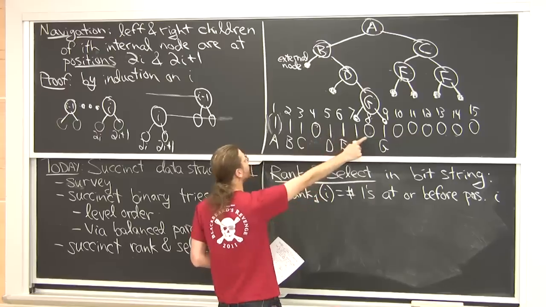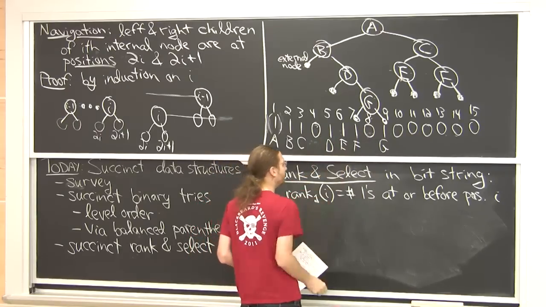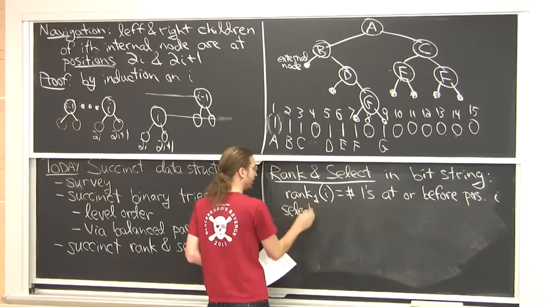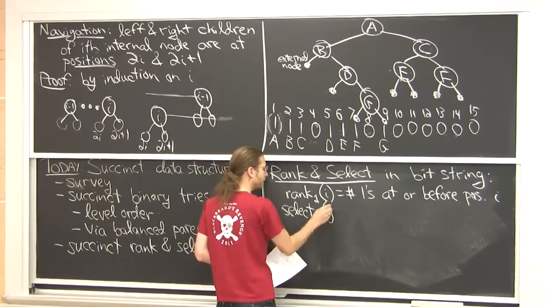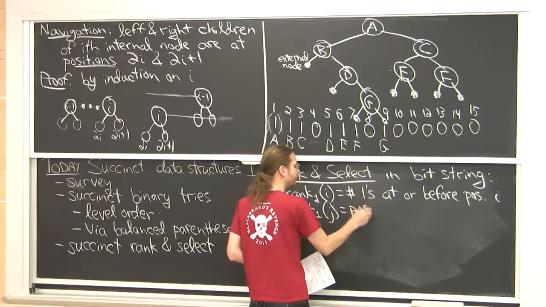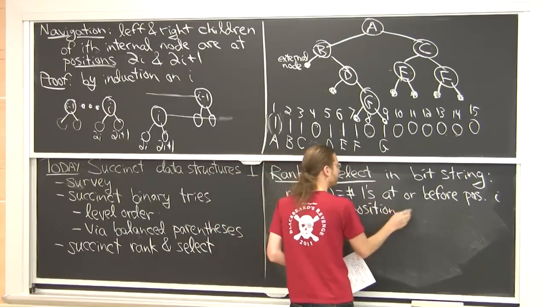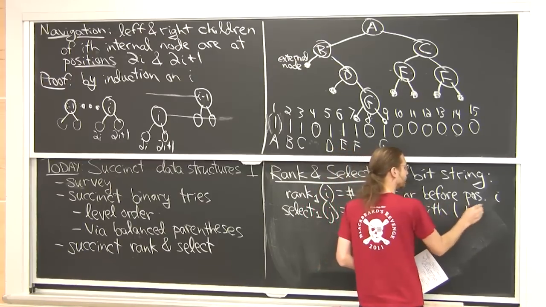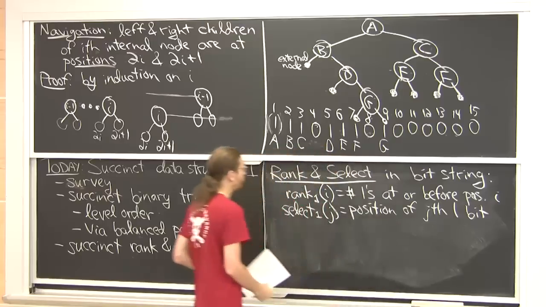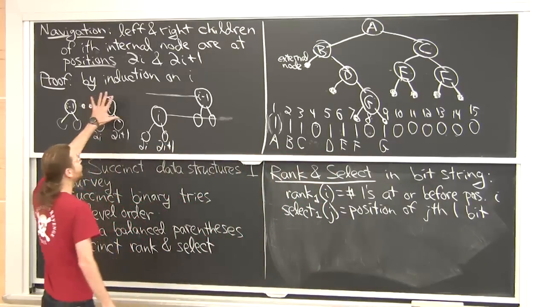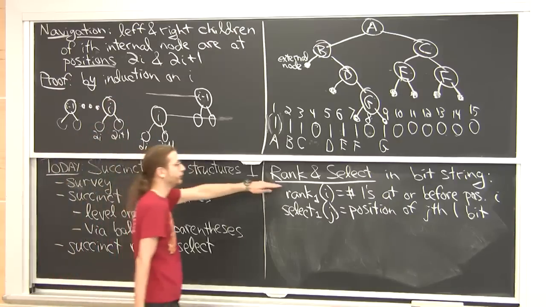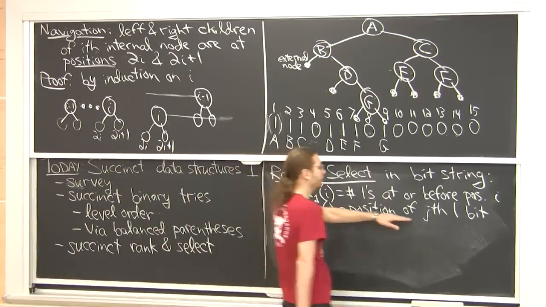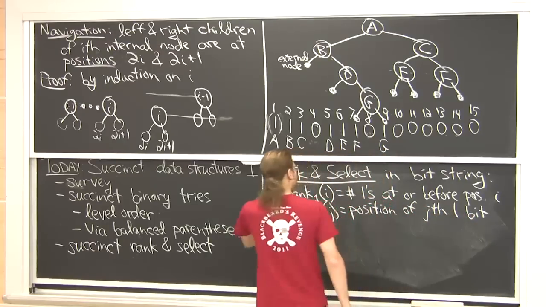Number of ones is 6 up to position 8. And then the inverse of rank is select, which gives you the position of the jth 1 bit. So this lets you translate between these two worlds of counting just the ones, which is rank, and going to the jth 1 bit, that's select.